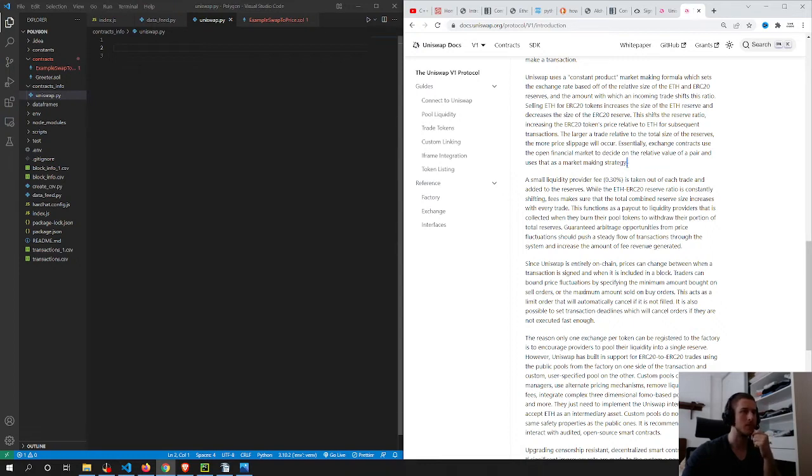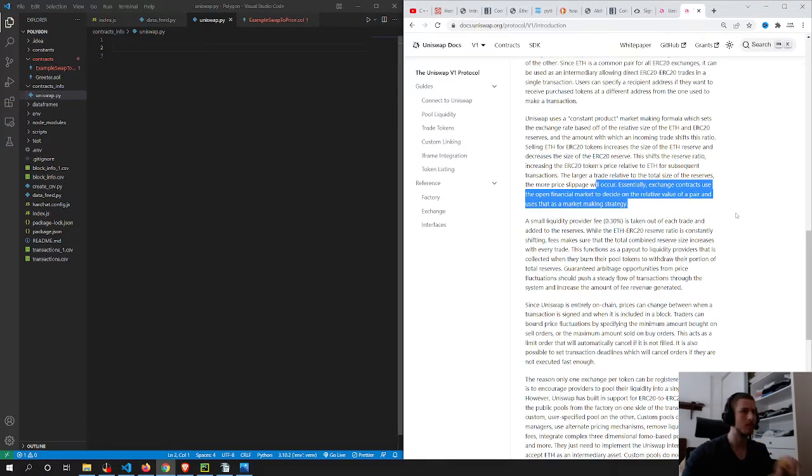I guess this solves my confusion. So the ratio is always between the tokens, the different tokens. The price is determined by the relative value of a pair on the open financial market.